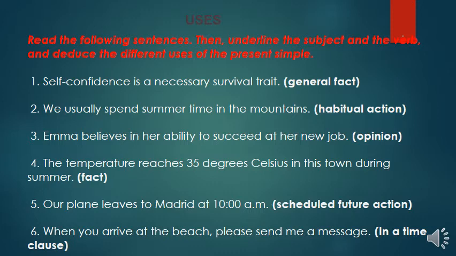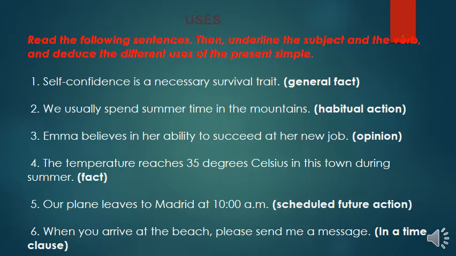Number 3, Emma believes in her ability to succeed at her new job. This is an opinion. I'm just expressing a certain opinion. Emma believes, she thinks, okay? She thinks that she believes in her ability. It means I think, I believe, I guess.